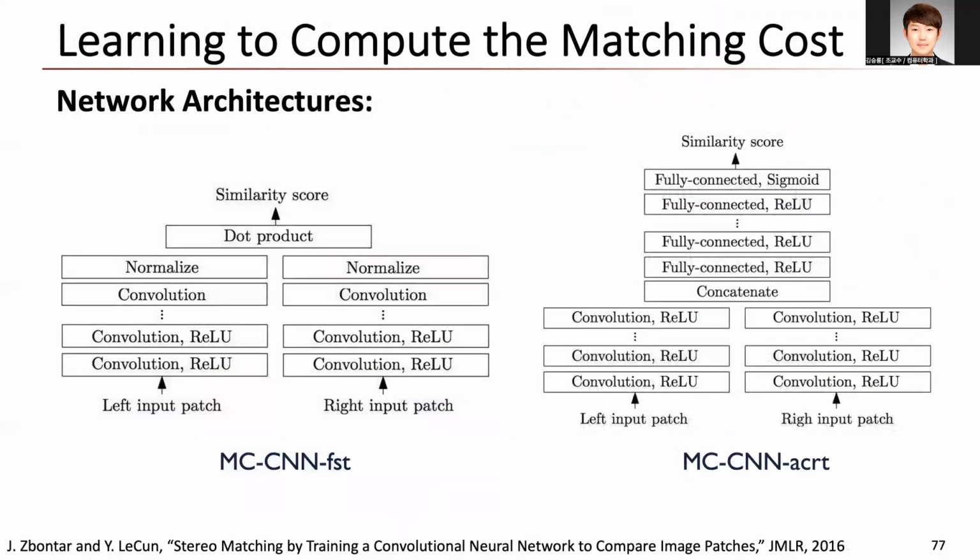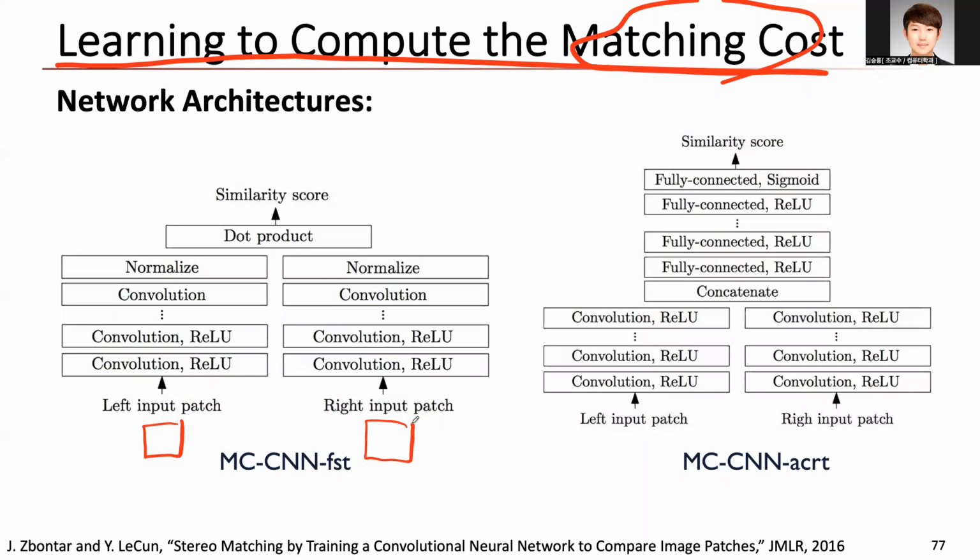So learning to compare the matching cost is maybe the natural direction, right? From the left image patch and the right image patch, we extract the feature vector and compute the similarity. So this is the MC-CNN paper, which is very, very similar to DeepCompare and DeepDisk, right?